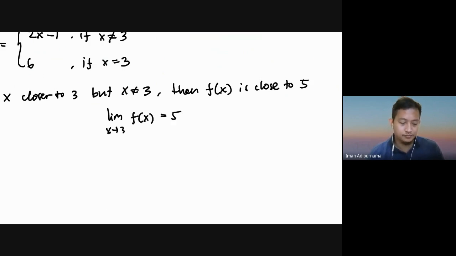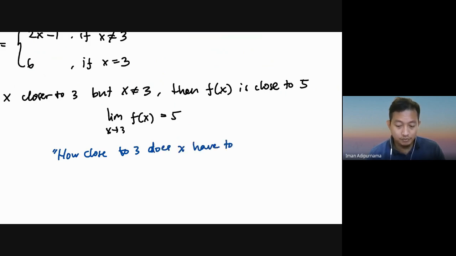And to ask how precise the limit is, we need to ask more questions. How close to 3 does x have to be so that f of x differs from 5 by less than, let's say, 0.1?